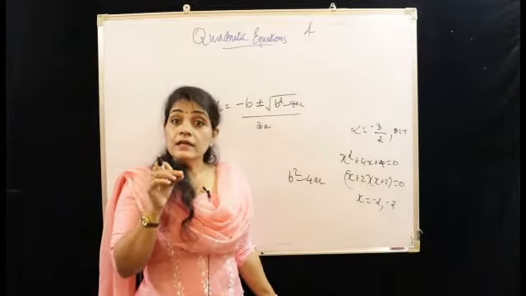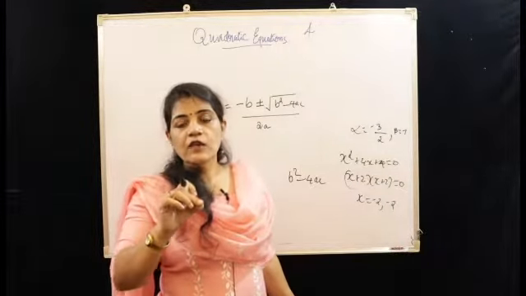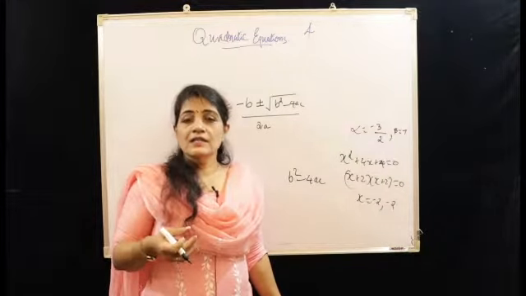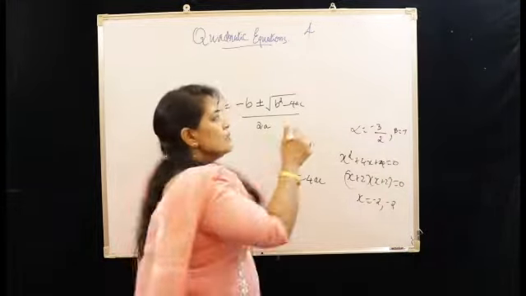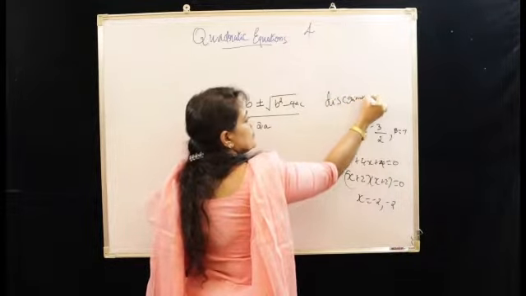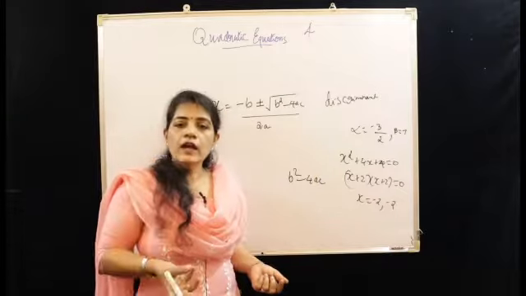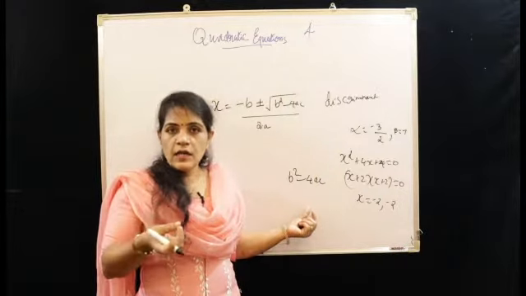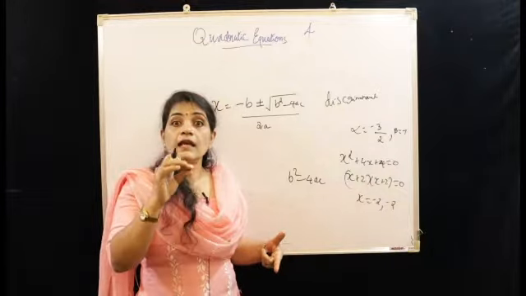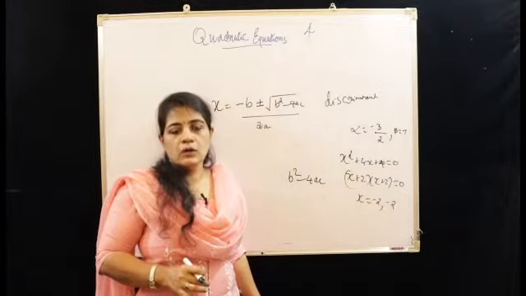This b square minus 4ac will give you the nature of the roots of the quadratic equation. This is what we call the discriminant. So if you find out b square minus 4ac and get that answer, you can predict the nature of roots of the quadratic equation.